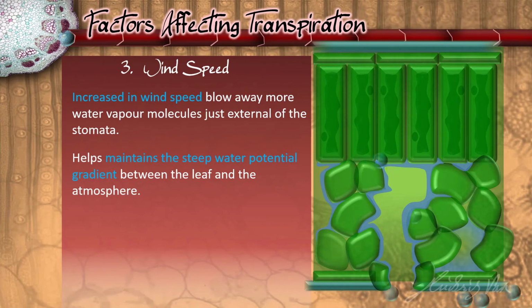The blood can easily carry the nutrients that have been absorbed away, so the steep concentration gradient is maintained. So in the case of the leaf, the water vapor molecules are blown away and the steep water potential gradient is maintained between the airspace inside the leaf as well as the surrounding. So the rate of transpiration will increase when there is strong wind.